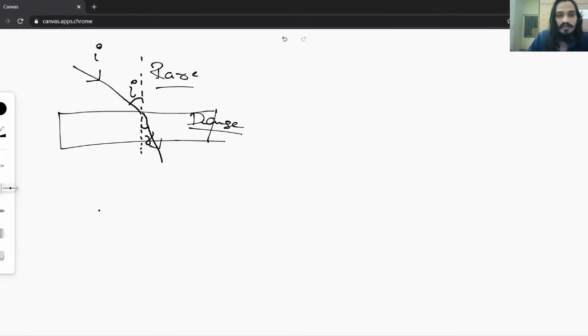And the opposite is true for dense to rare, right? So if it's going from a dense medium to a rare medium through a point, maybe like this, right? So this angle will be I, but R is going to be much bigger, right?